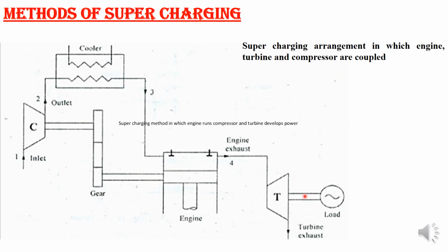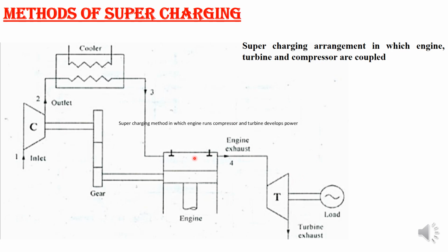So whatever power is produced in the engine is utilized to run the compressor, and the extra power is given to the turbine. So at the turbine output we get the power output. Such plants are called free-piston engines.